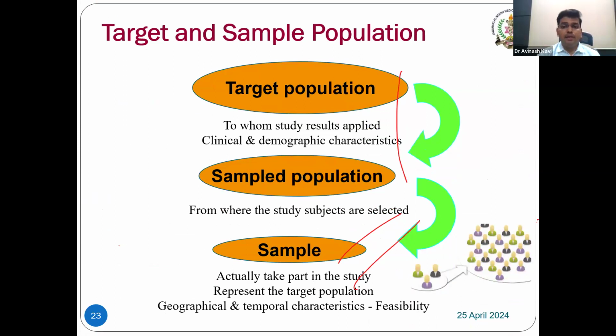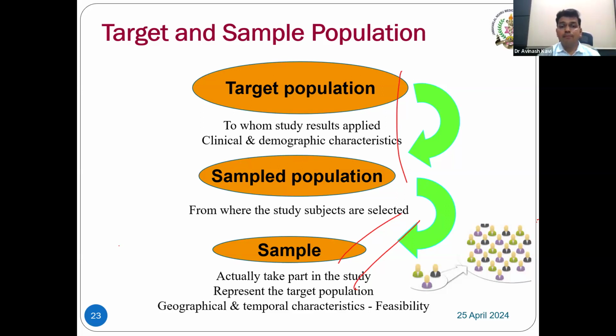So this sample is a representative of the target population. Basically, these 3 terminologies are very often used but often confused by most of us. Who is the target population? Who is the sampled population, and what is the sample? The target population is to whom the study results are applied.